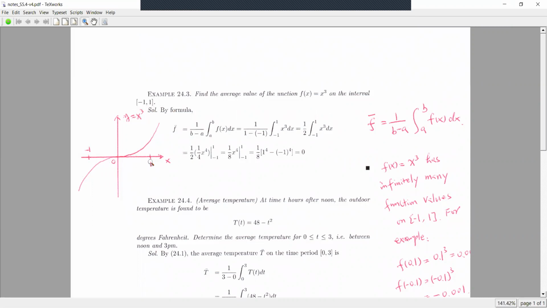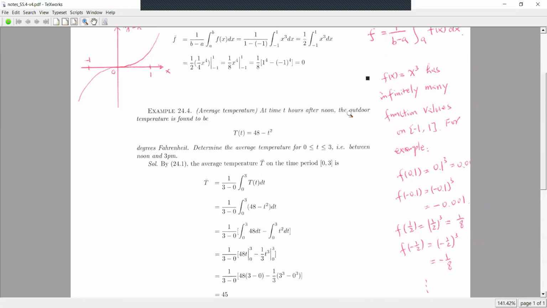Between -1 and 1, this function has infinitely many function values. Now I want to take an average on these function values. The function has infinitely many function values, but they appear in pairs with opposite signs.